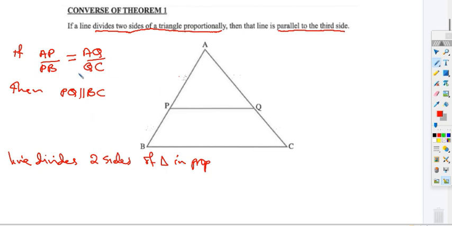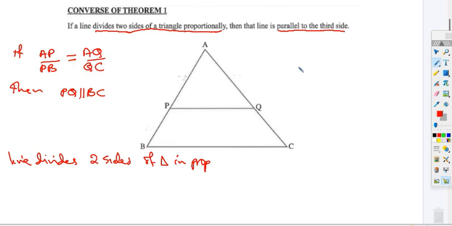Remember, this can be given in 6 different ways. This one is AP over PB. You could just turn it upside down and have PB over AP is equal to QC over AQ.